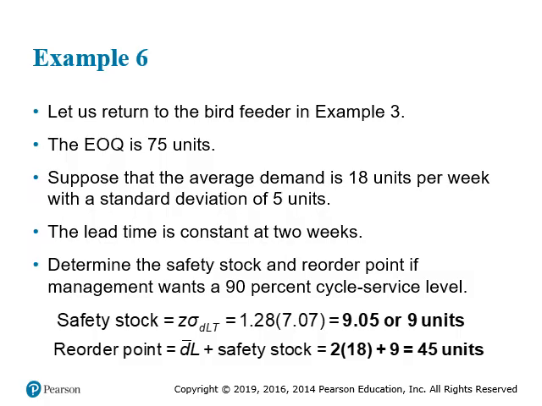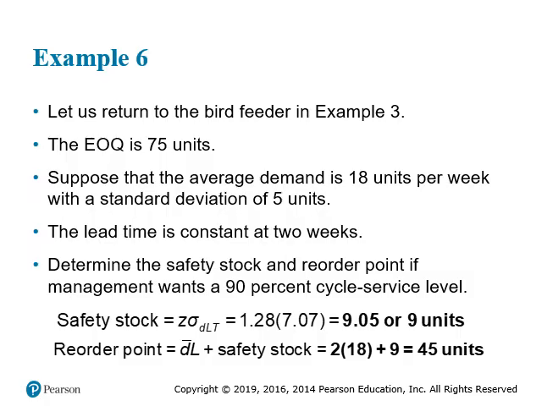Technically, we should round that up. Why do we round it up? To ensure that we get this 90% service level. If we round it down, then our service level is a little bit less than 90%. Well, again, we're dealing with estimates, so, practically speaking, the mathematician is going to hate us.